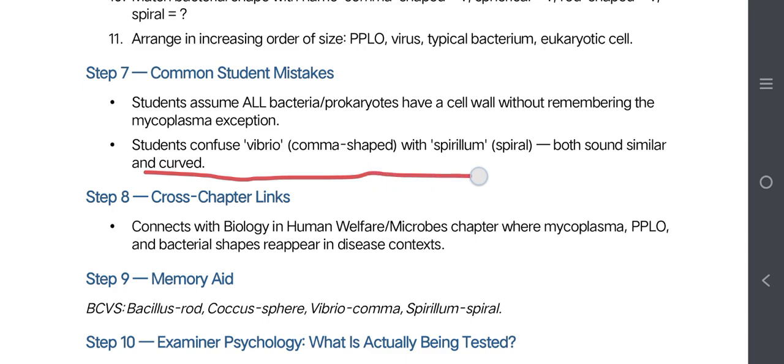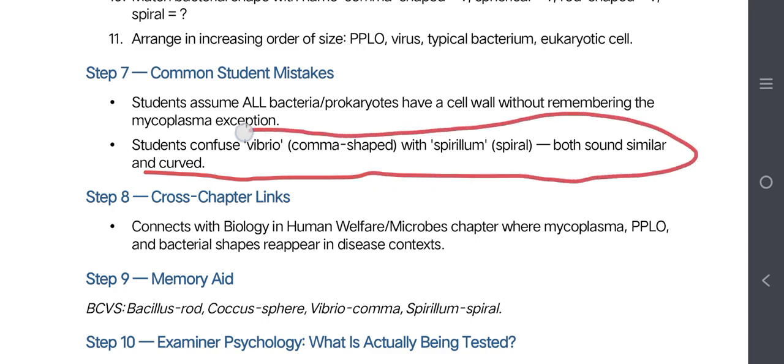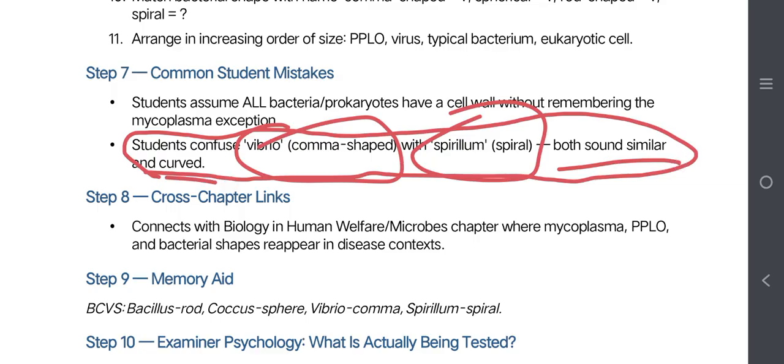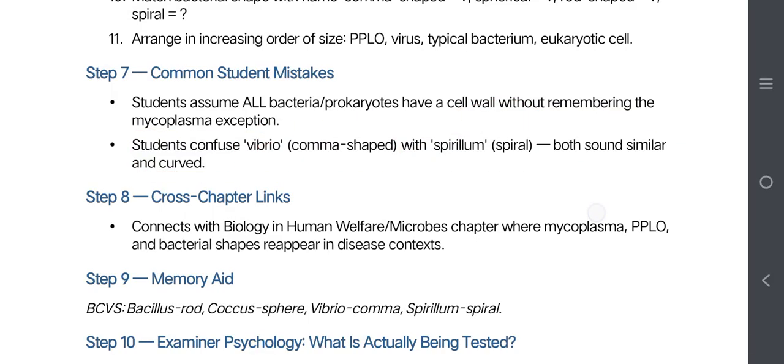Many students get confused because the wording and pronunciation sound the same, so they may make mistakes while answering the question.